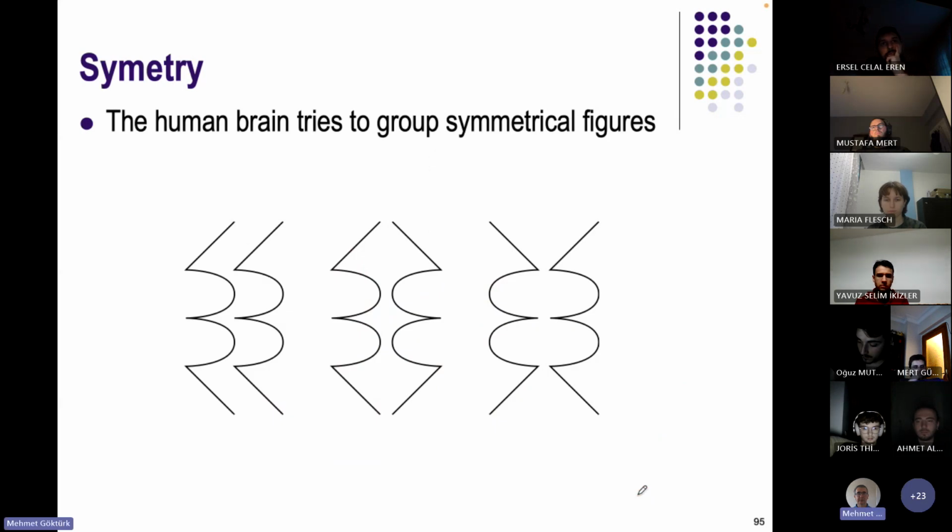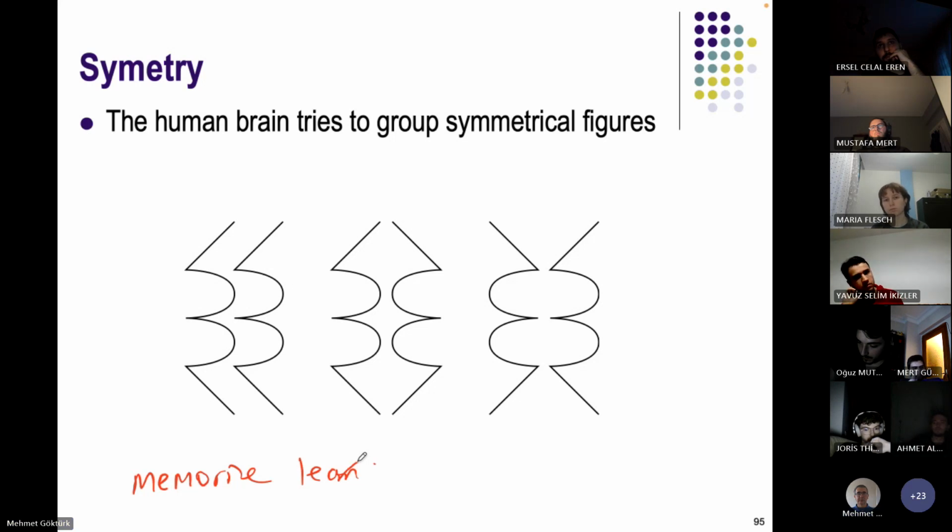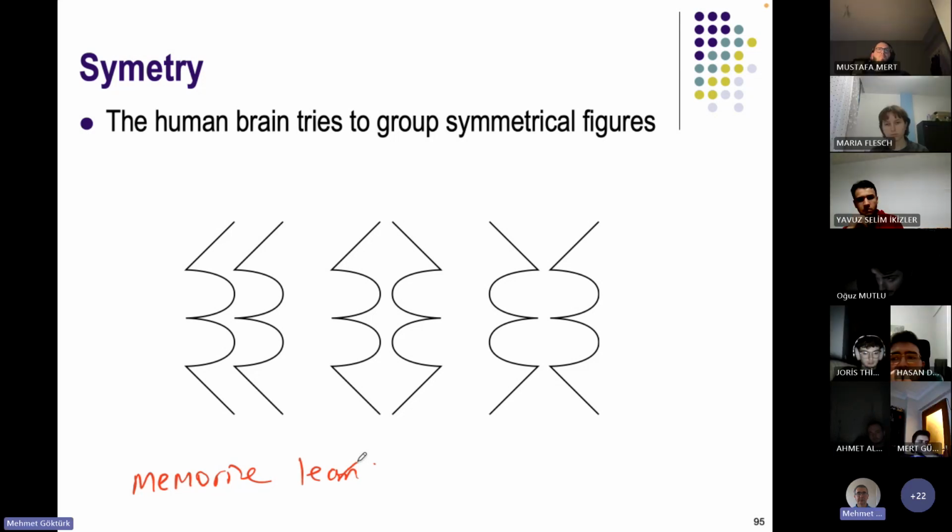Next one is the symmetry. In order to memorize and learn, we try to look for symmetries. Symmetric things are learned easily. Therefore, this shape and this shape is much easier to understand, easier to remember than this shape.